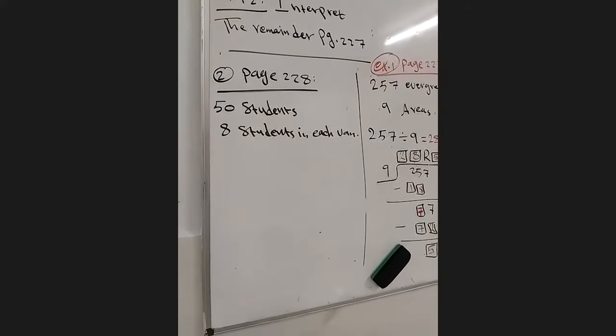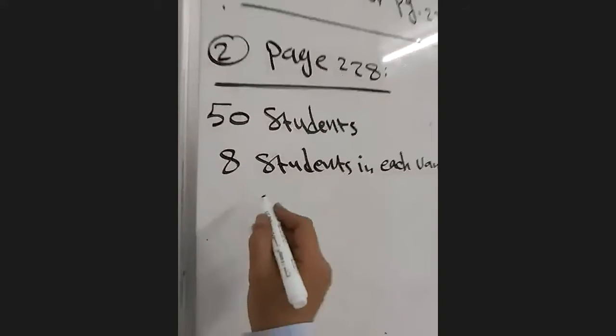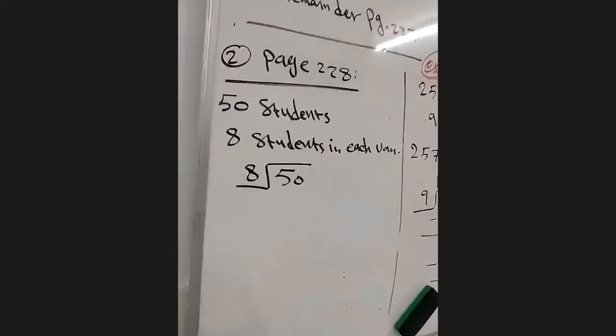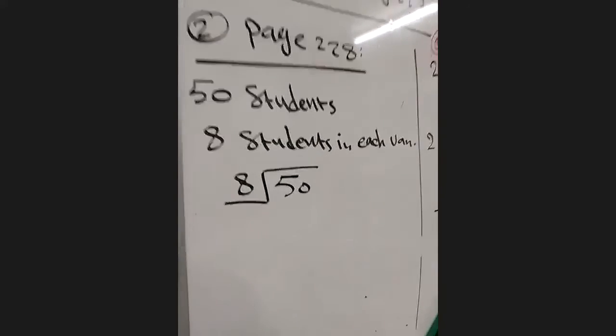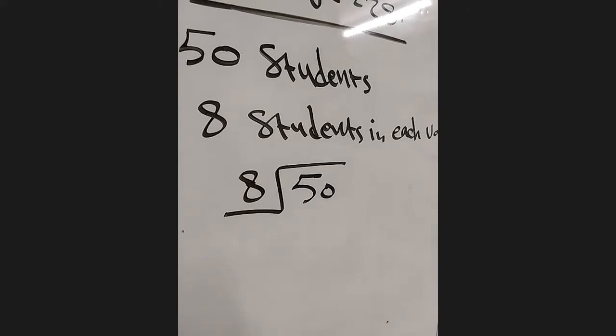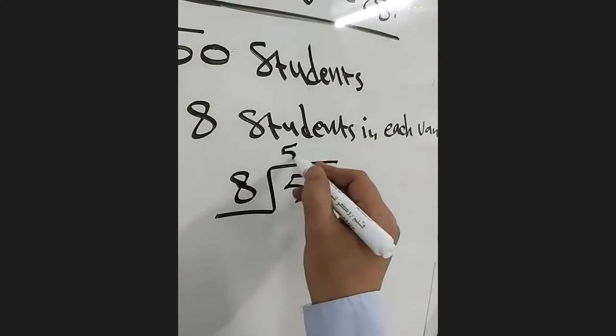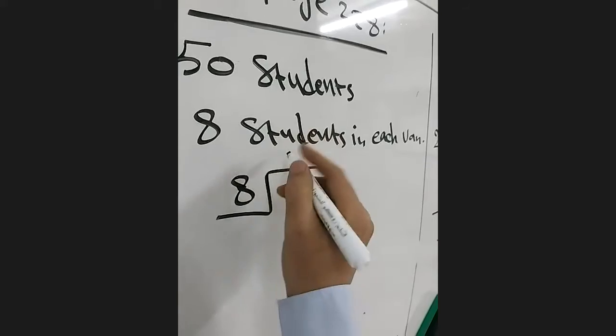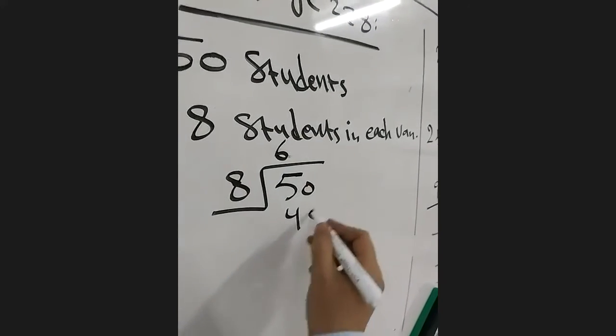What will we do? 50 divided by 8. Excellent. We will make 50 divided by 8. Help me here. If you put 5, no, the answer is 6. 6 times 8 is 48.